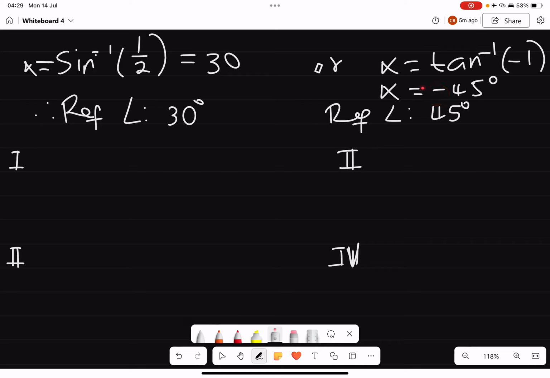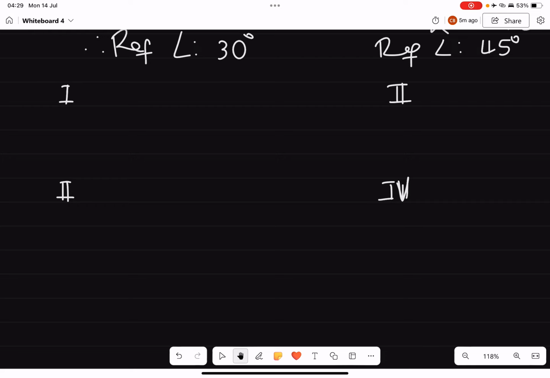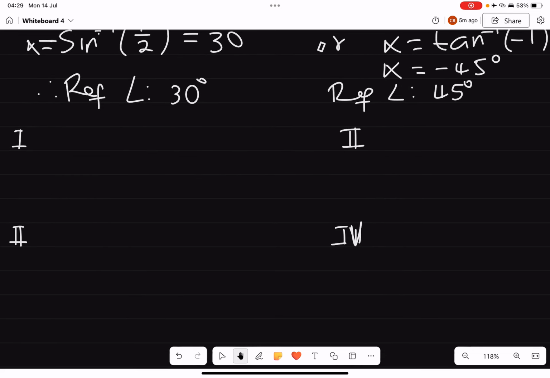Tan was negative, sine was positive. Sine is positive in the second and the first quadrant. Tan is negative in the second and the fourth quadrant.